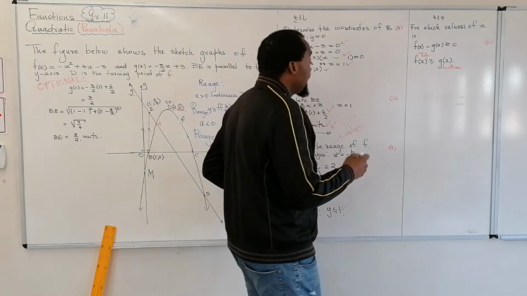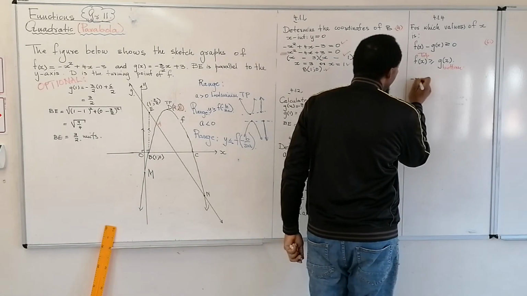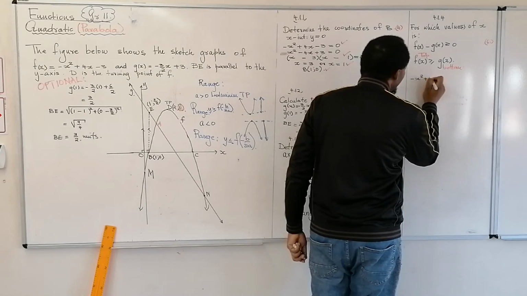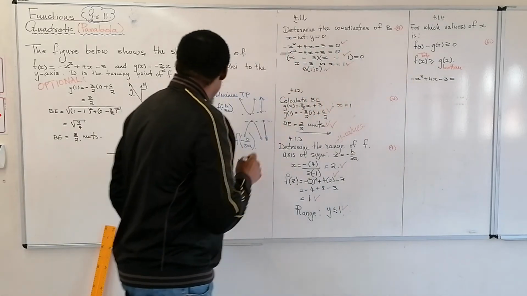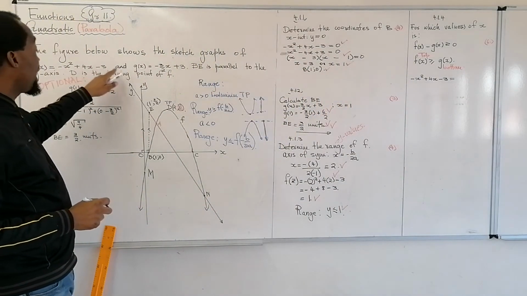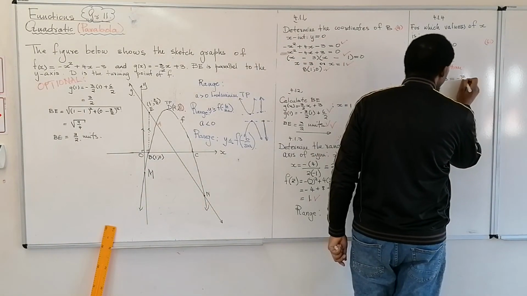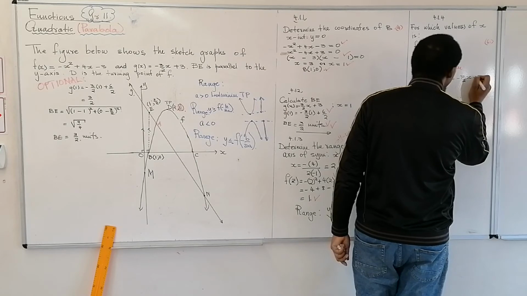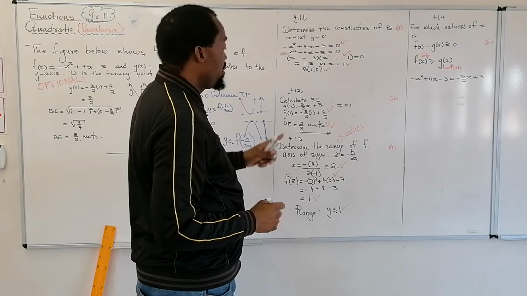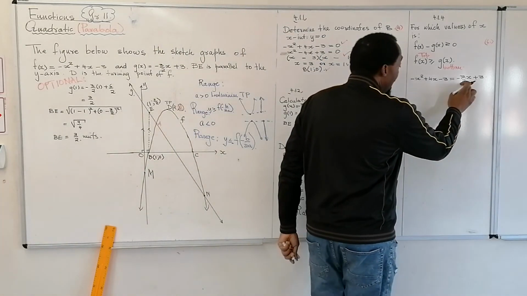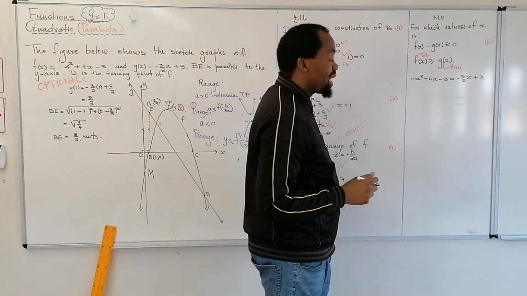I'm going to start by saying, I'm looking for the point of intersection where minus x squared plus 4x minus 3, I'm talking about f, is exactly the same as minus 3 halves x plus 3. Now, from there, I want to write everything without a fraction.